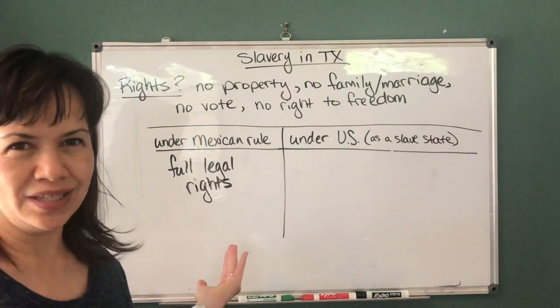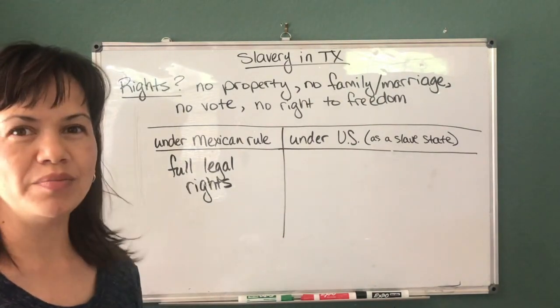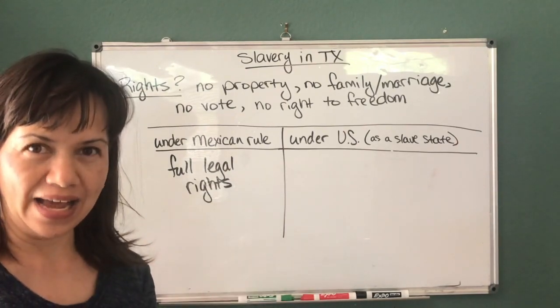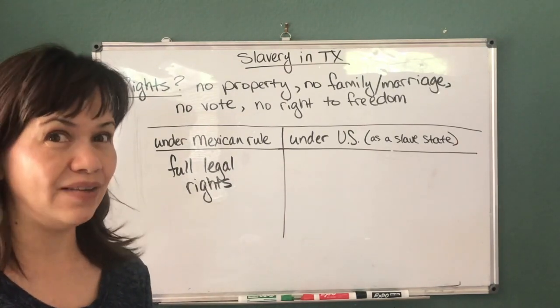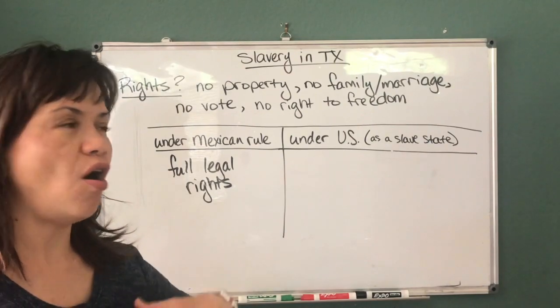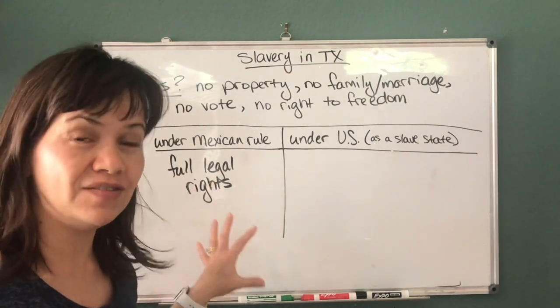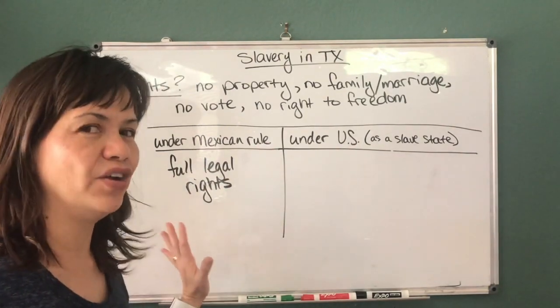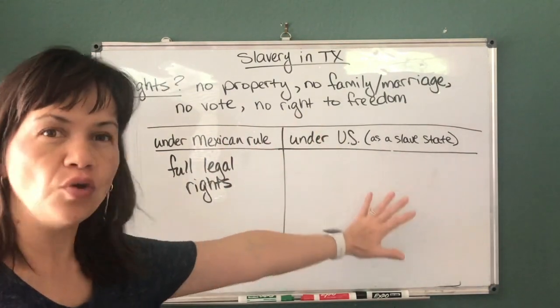But that all changed once Texas became a state. Because when Texas was annexed to the United States, as you know, it was annexed as a slave state. And so all of those free Africans who lived in Texas lost many of the rights that they used to have under Mexican rule.